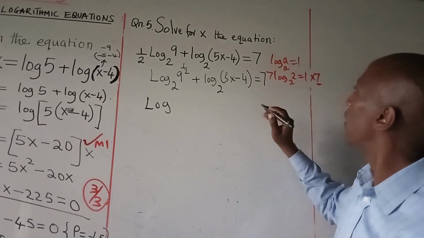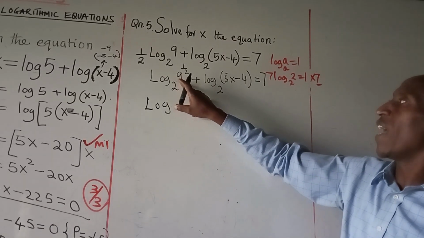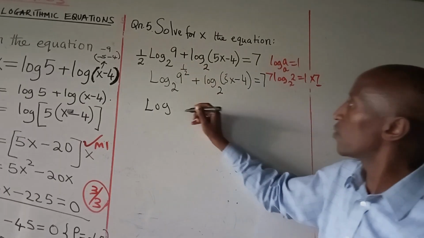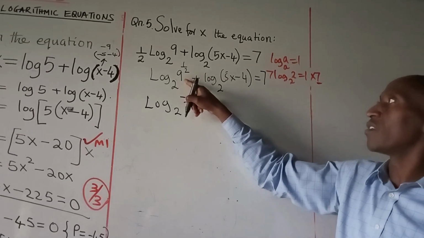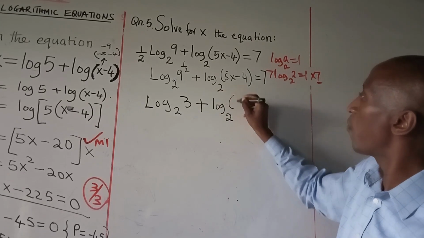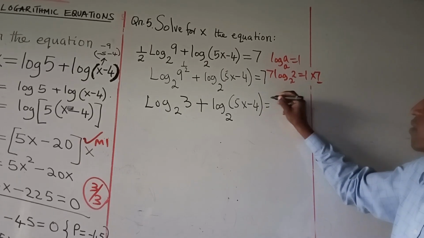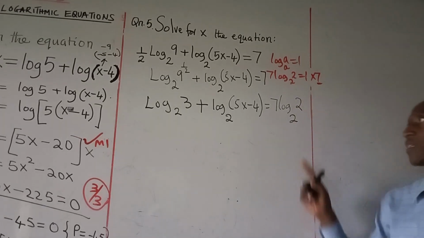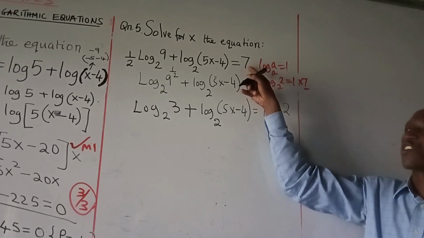Allow me to put a 7 here, and then we shall change to this. 9 to the power half is the square root of 9, that is log to base 2 of 3, plus log to base 2 of 5x minus 4 being equal to 7 logarithm to base 2 of 2. We have agreed that log to base 2 of 2 is a 1. 1 times 7 is the original 7.